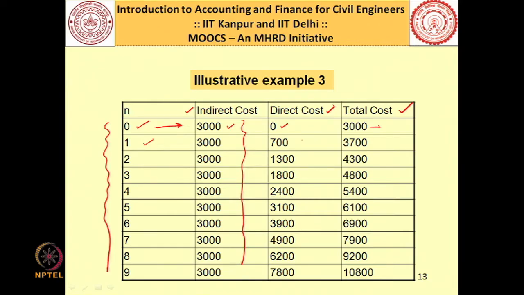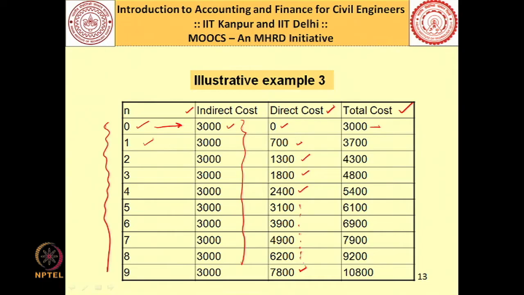On the other hand, direct cost changes with the level of production. For 1 unit the direct cost is 700, for 2 units it is 1300, for 3 units 1800, for 4 units 2400, and so on. If the company is producing 9 units, the direct cost is 7800.